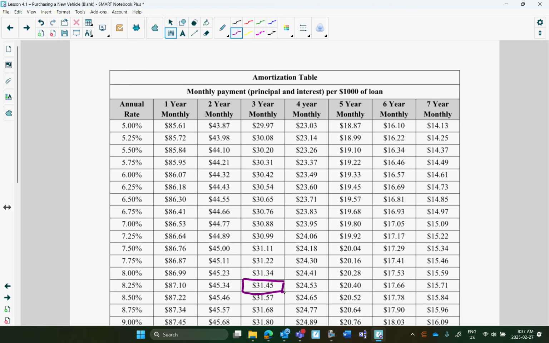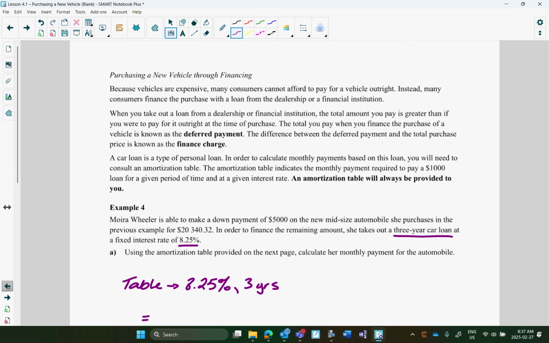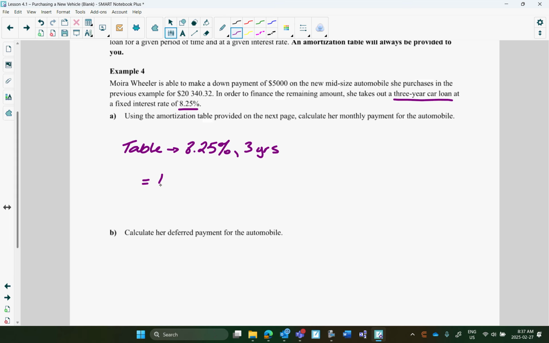Okay. That's going to be $31.45. And then we have to multiply that by whatever the loan is, so we have to figure out the loan. The price is $20,340.32, but she puts $5,000 down, so we subtract that away.